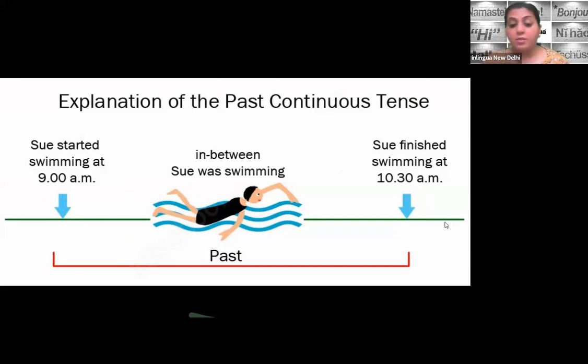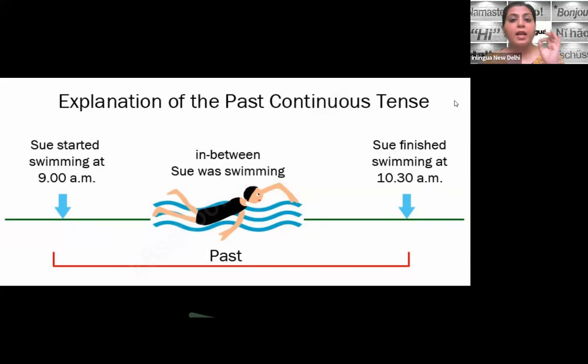She was swimming. So we can say Sue was swimming between 9 and 10:30 a.m. or Sue was swimming from 9 o'clock till 10:30 a.m. But if someone asks, what was Sue doing at 10 o'clock? We simply say, Sue was swimming at 10 o'clock.